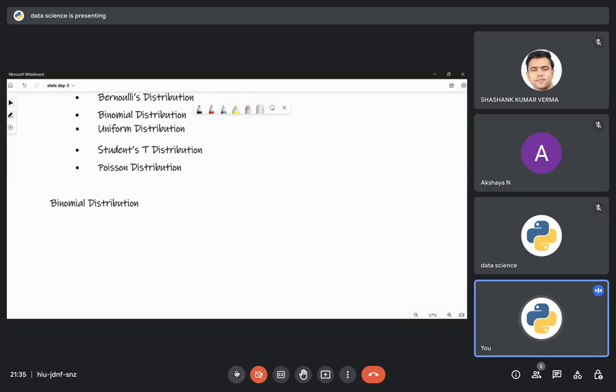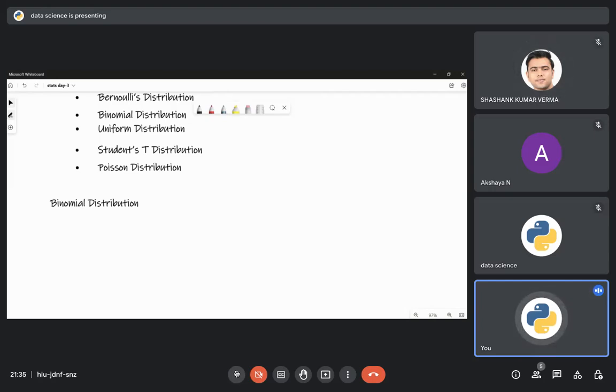The probability of both outcomes is the same in all trials. If you are tossing a coin, the chance of head and tail is 50-50%, right? That's what is known as binomial. Wherever this kind of experiment occurs, you can apply the binomial distribution. Does it make sense, guys?